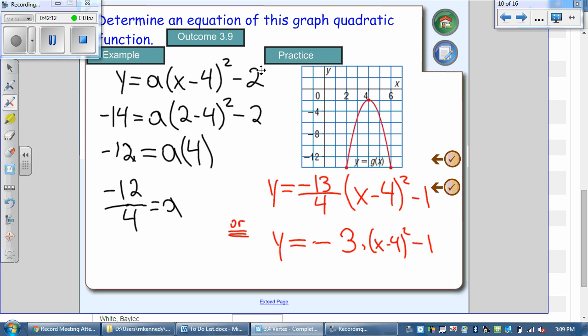If you look down here, where I'm pointing right now, they gave us that point, so we need to use it. It's at 2, negative 14. That's where those points came from. I added my 2 to both sides.